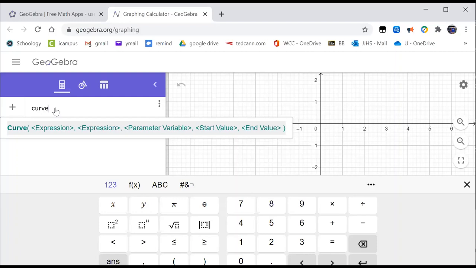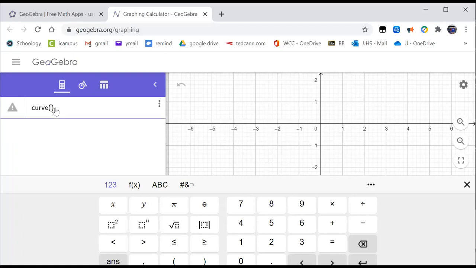So whenever you plot a curve, you need to tell it what expression you're using to plot the x component, what expression you're using to plot the y component, what the variable is, and what the domain is, right? So open paren, my x equation is t squared. The caret symbol as a shortcut, if you're using a keyboard, gets you a power, but you could also use the display here.